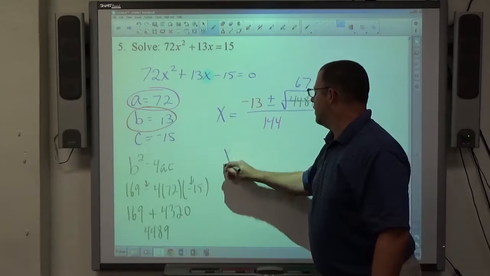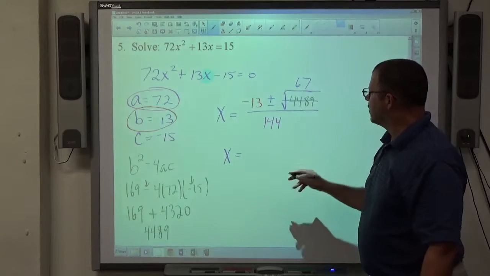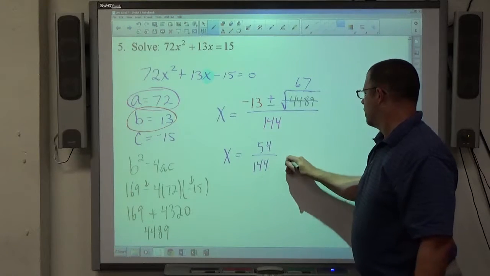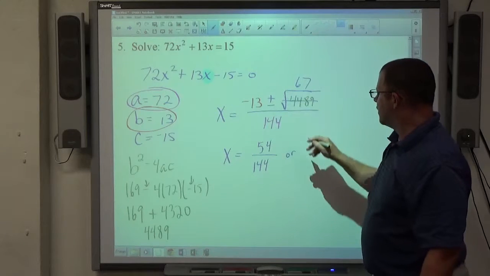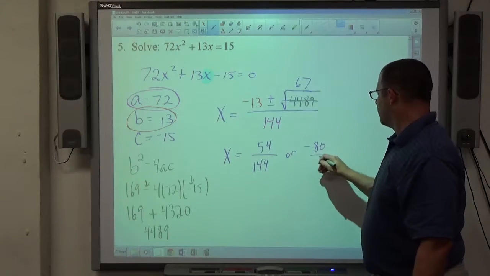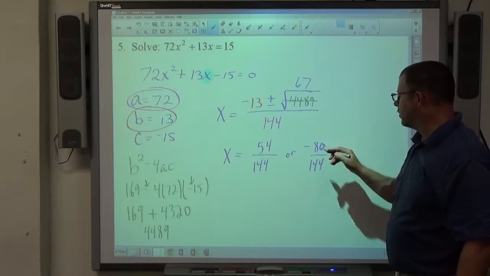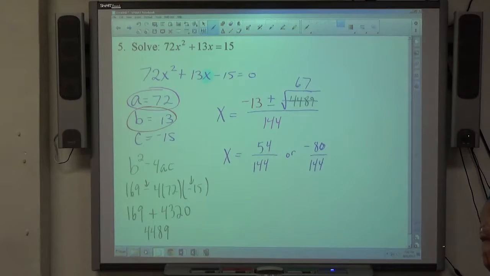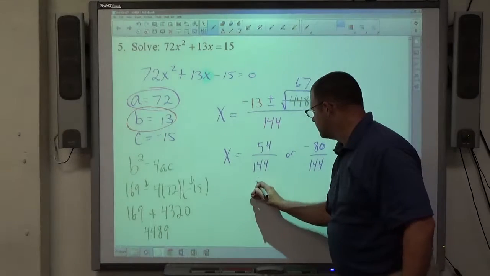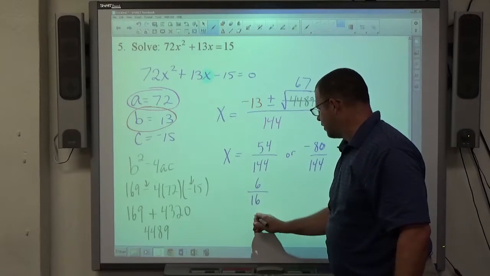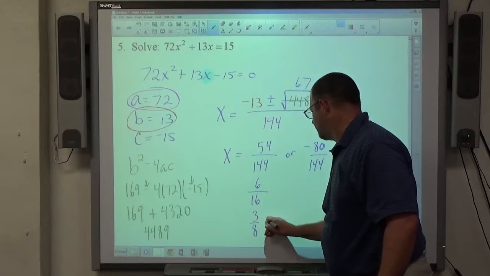So I end up with x equals negative 13 plus 67, which is 54 over 144. And negative 13 minus 67 is negative 80 over 144. Then what's left to do is to reduce, if possible. 144 and 54 divided by 9, and then 6/16 reduces down to 3/8.